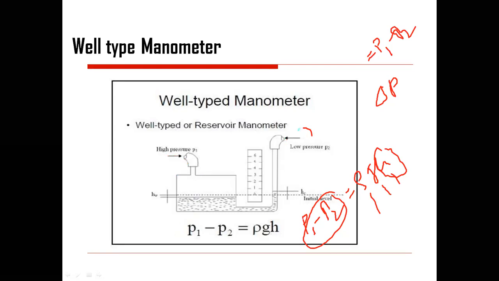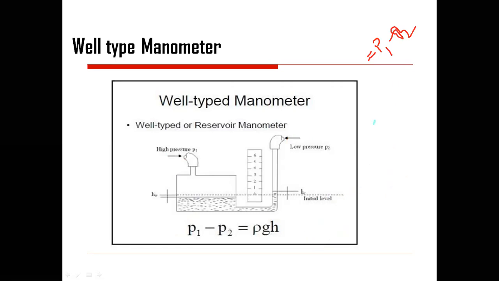The only difference is that the variation in the height which we get using the well type manometer is less compared to the U-tube manometer, because the area under consideration is the minimum in the U-tube manometer compared to that of the well type manometer.